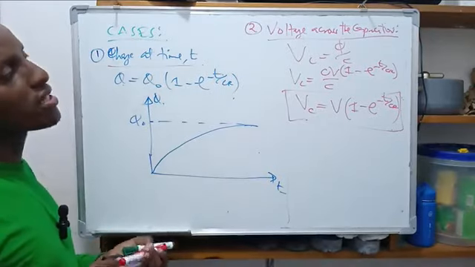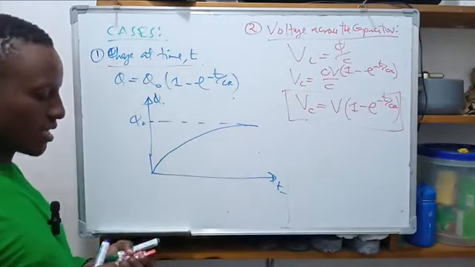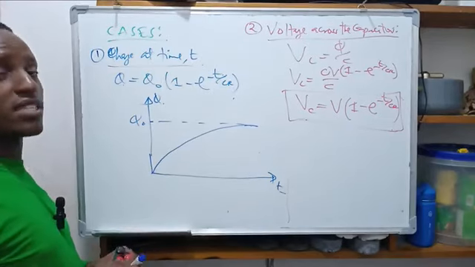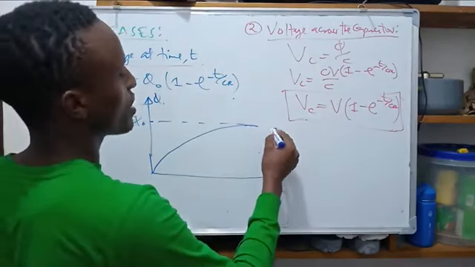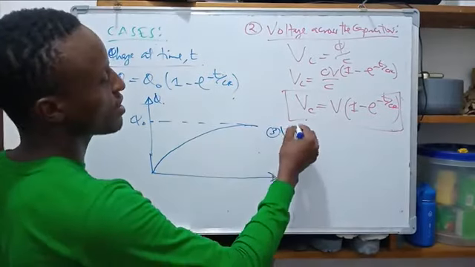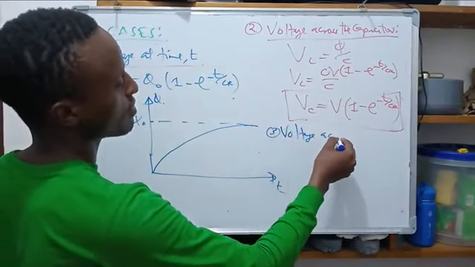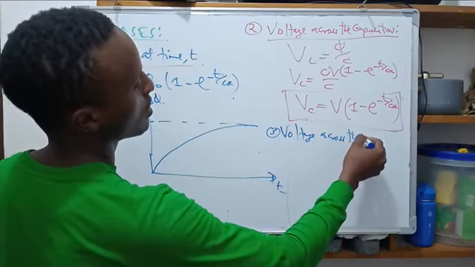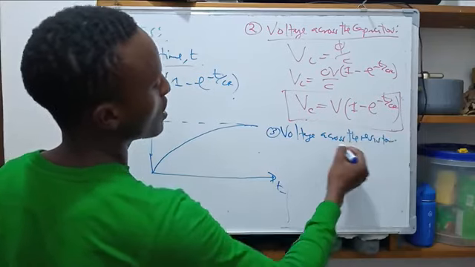So speaking about number 3, we can speak about the voltage across the capacitor, but also the voltage across the resistor.